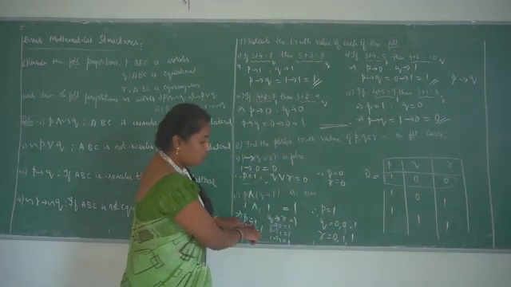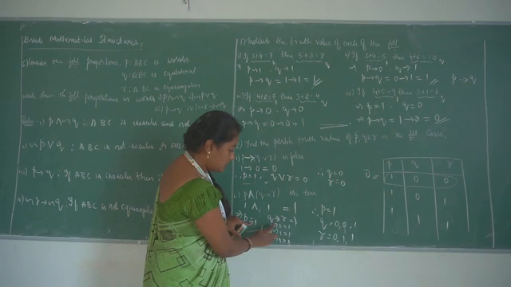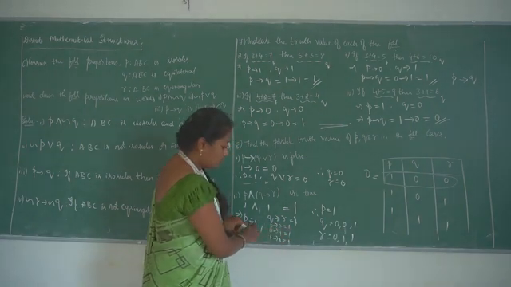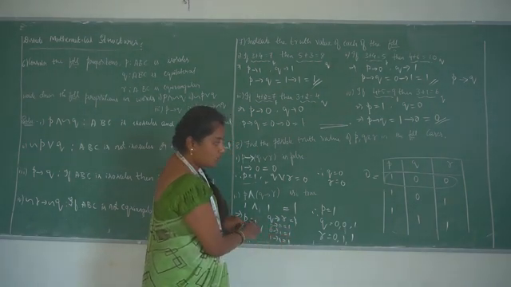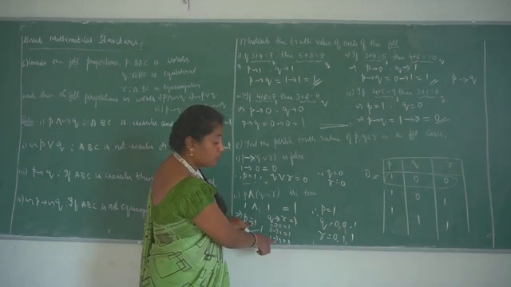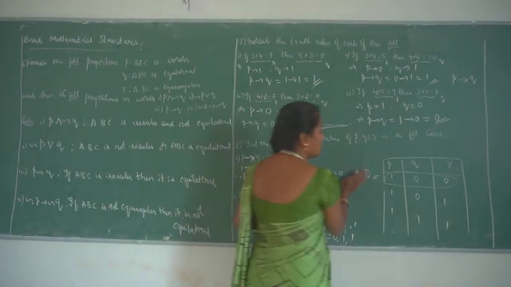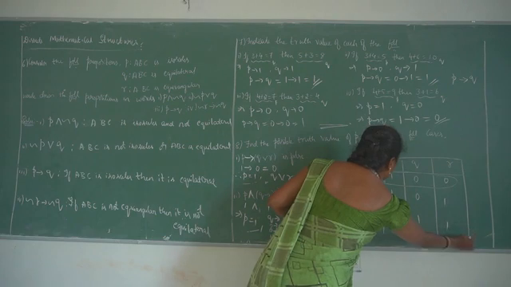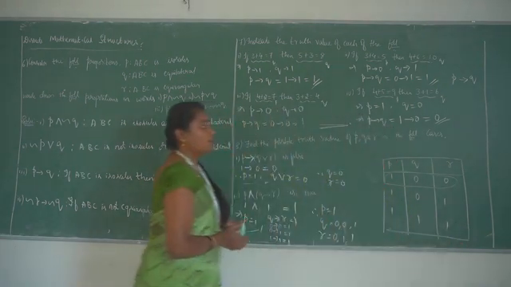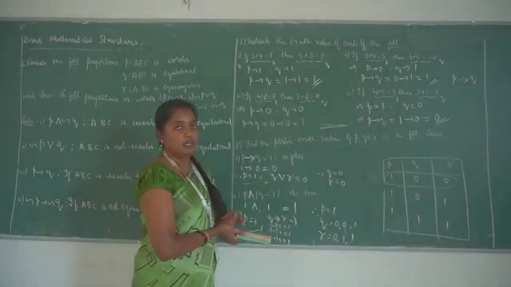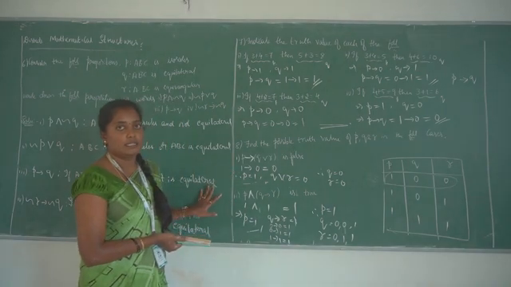The second one is 1, 0, 0; 1, 1, 0; 1, 1, 1, which is equal to 1. So these are the possible truth values of the given compound propositions. In the next video I am going to explain the remaining problems. Yes, thank you.